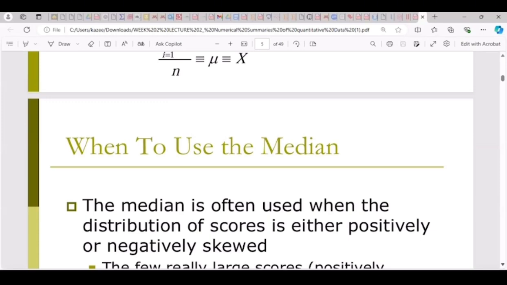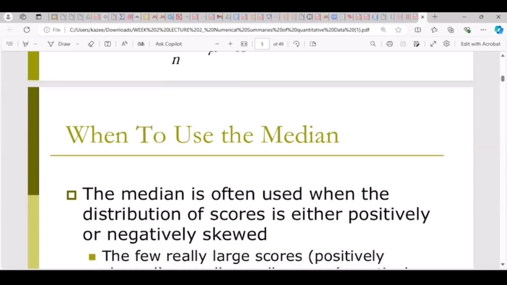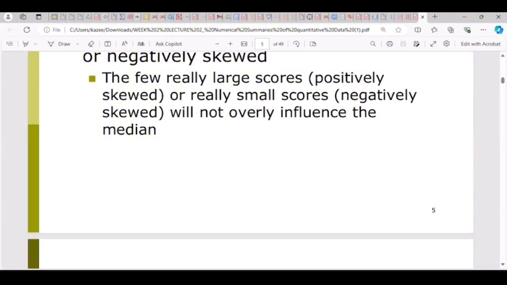I'm going to tell you why. When I say skewed, I mean either skewed to the right or skewed to the left. Skewness means departure of the distribution of data from normality.